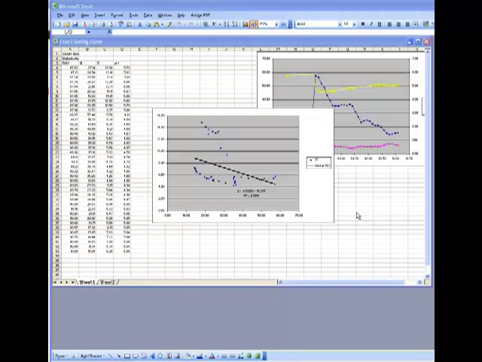So we need to consider what is the mathematical form of dilution. What's the mathematical relationship for dilution? And it's going to be that the concentration is equal to 1 over the volume. In our case with flowing water, it's the concentration is equal to 1 over the discharge. So that's equivalent to the concentration equals discharge to the minus 1.